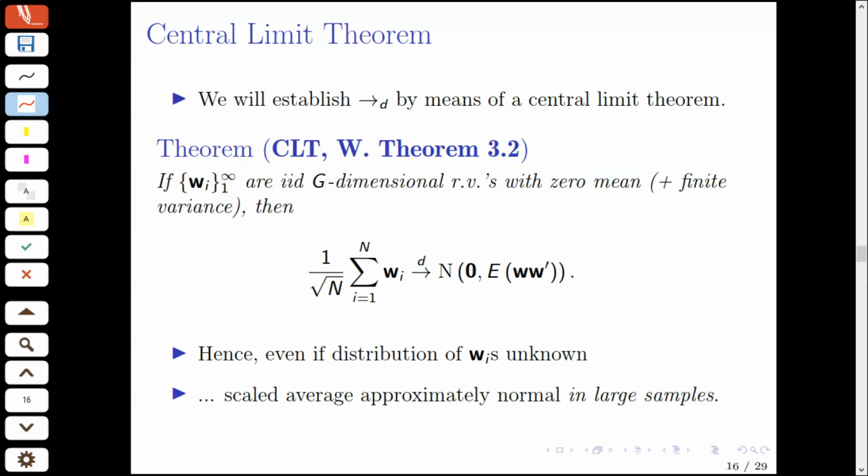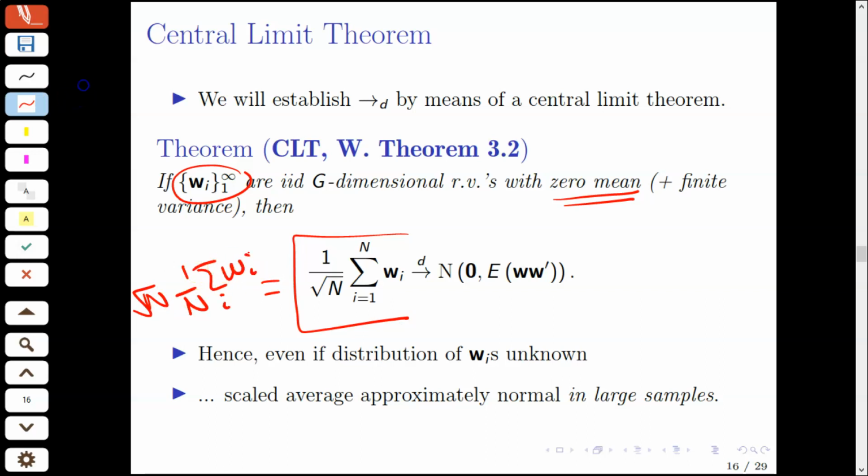The theorem states the following: if we're dealing with a sequence of g-dimensional random vectors which are identically distributed as well as independent, and also, this is the new part, they have zero mean, then their scaled average, this is square root n times their average, converges in distribution.